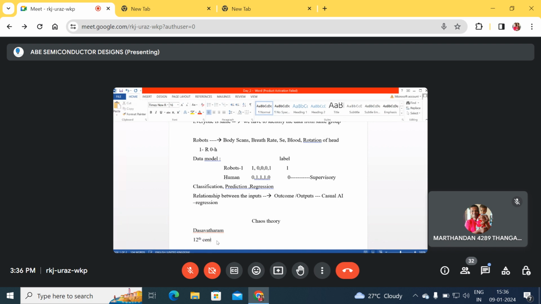12th century, between the Shaiva king versus Vaishnavism, where in the ocean, right?